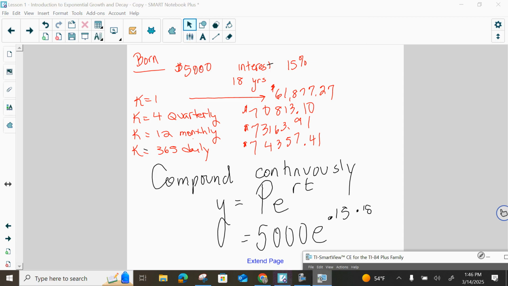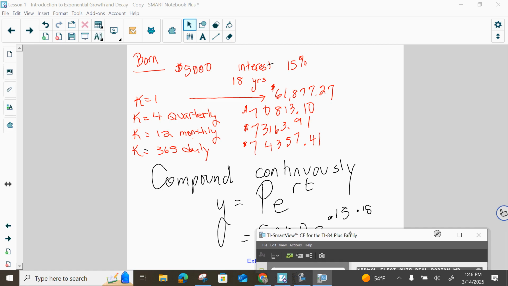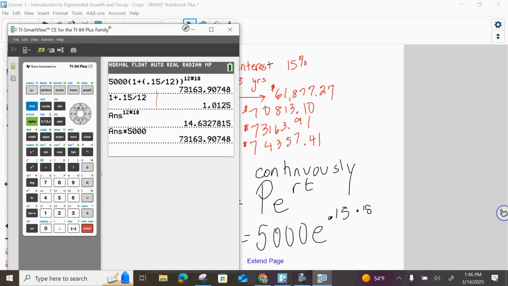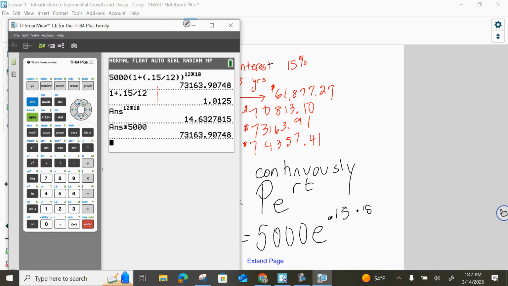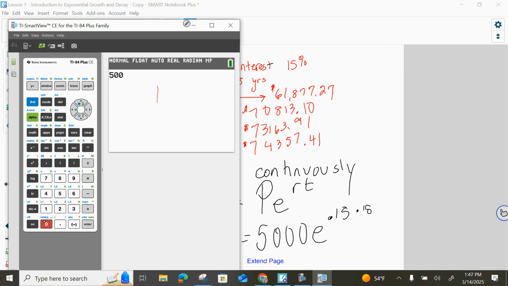So I'm going to go to the calculator. I'm going to show you where E is. You're going to go 5,000 times E. There's 2 spots that you can find E. If you look above the division, there's a little E in blue. But the one that I like is the one right above LN.